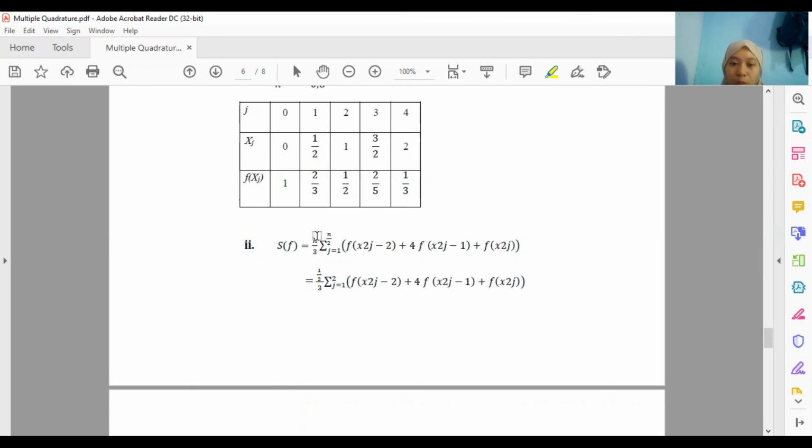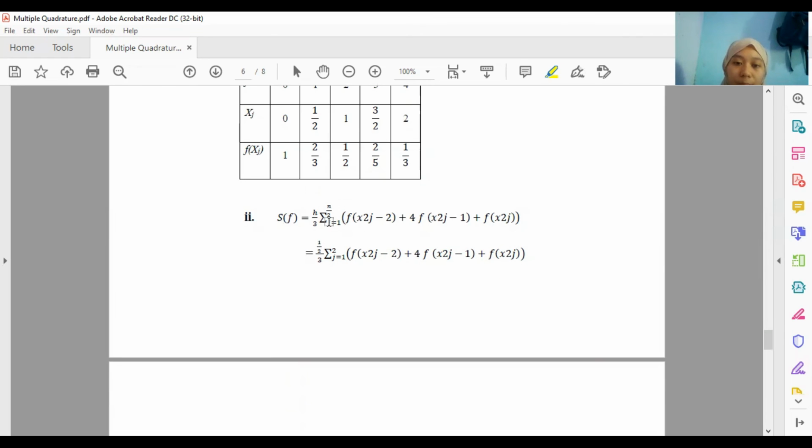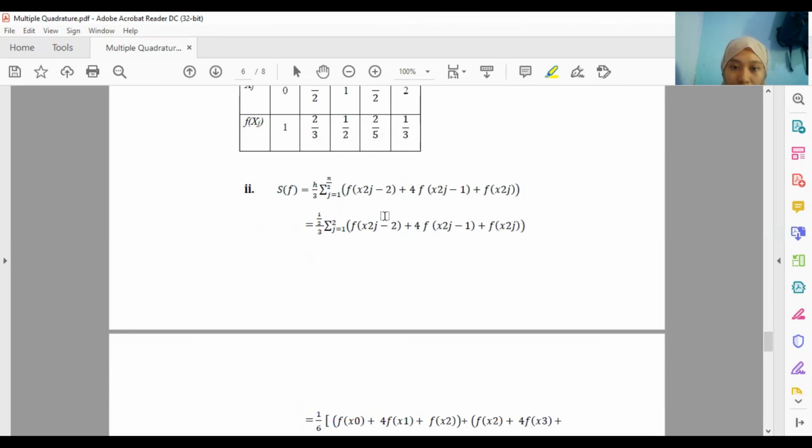S_n f is equal to h over 3 sigma (f(x_{2j-2}) plus 4 times f(x_{2j-1}) plus f(x_{2j})) for j is equal to 1 until n over 2. And we enter the value for this function into the formula.